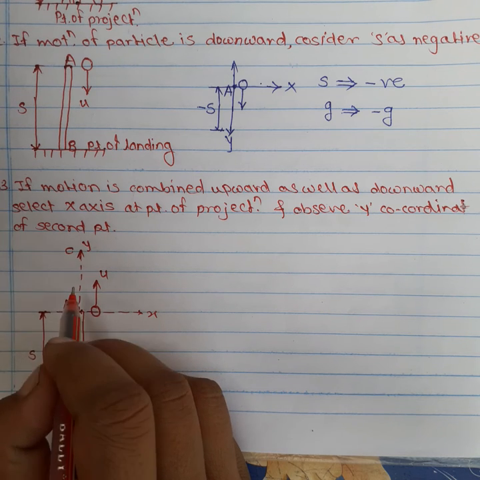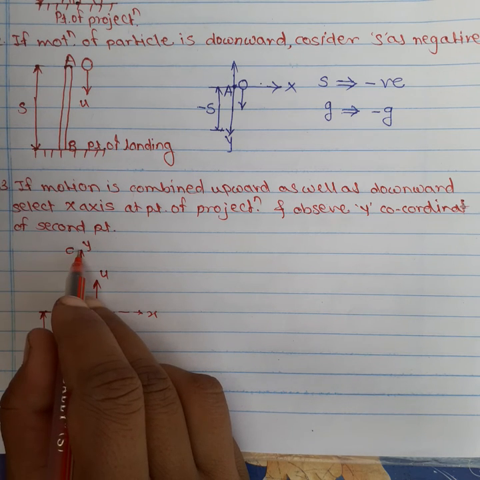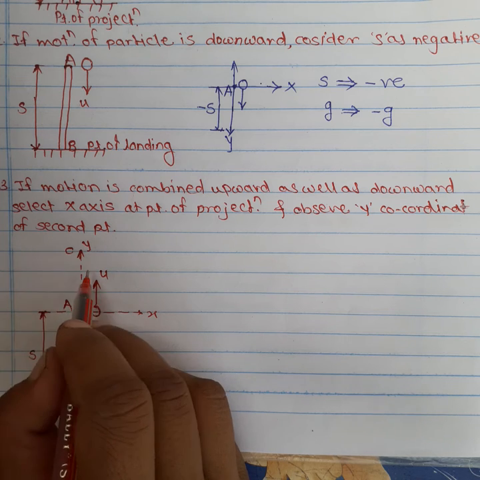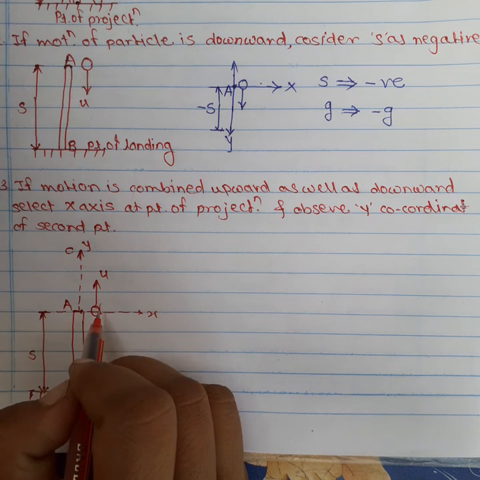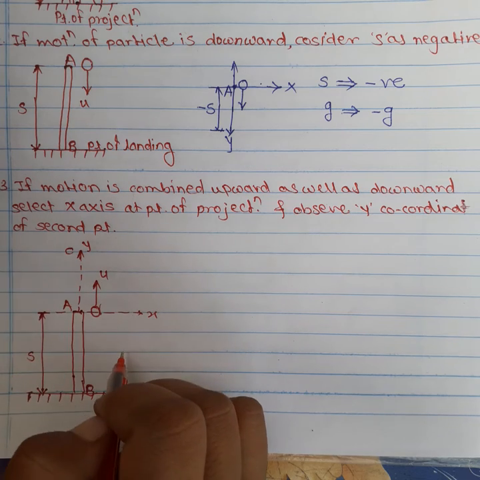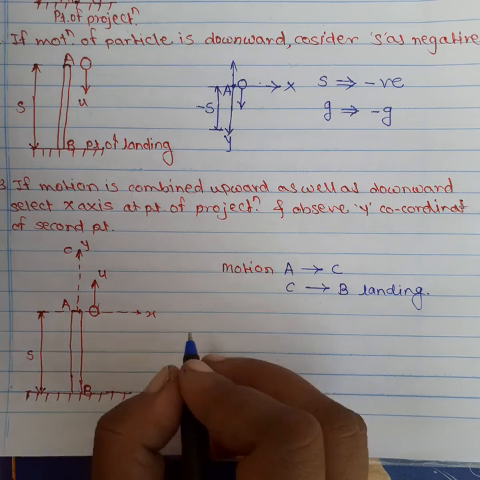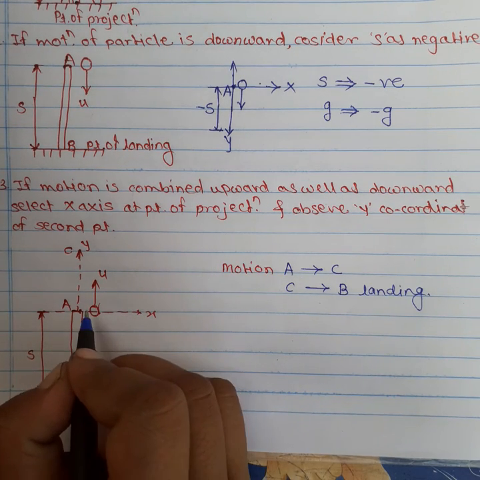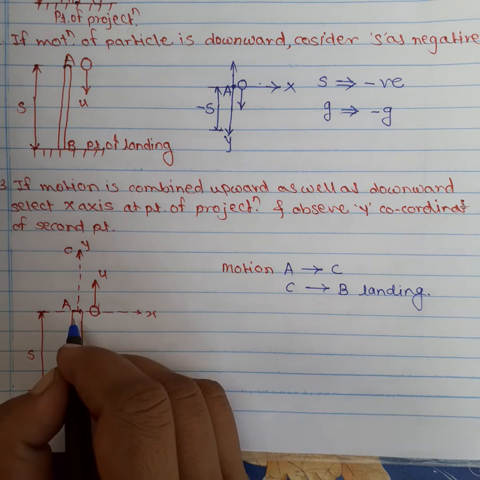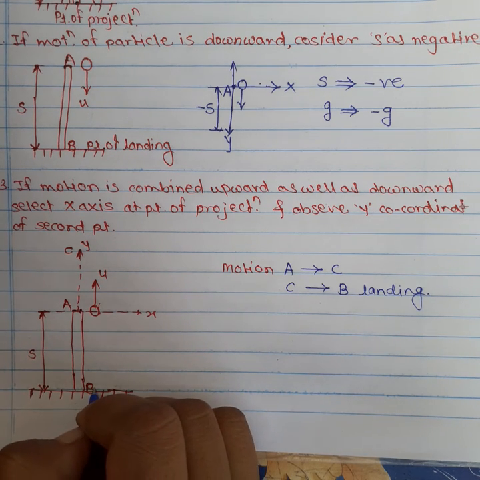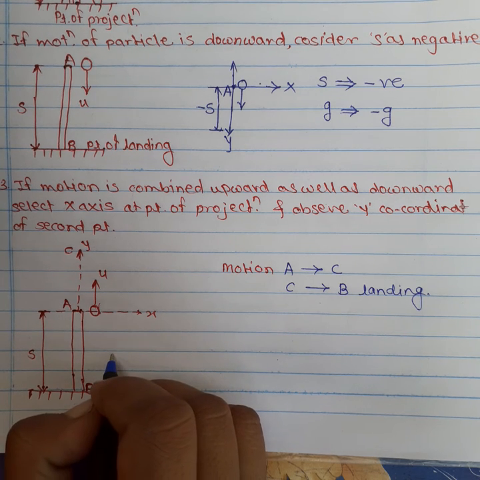It moves from A to C. C is the highest point reached by that stone, and then from C to B. B is nothing but the point of landing. Here, by choosing the x axis as origin, the y coordinate of point B is observed, and this displacement S is negative.